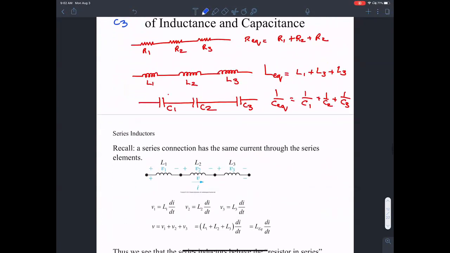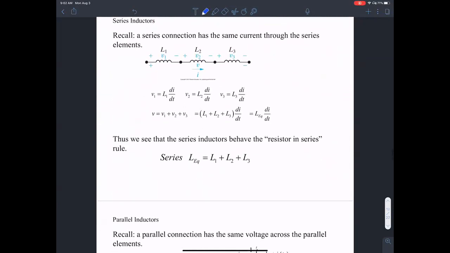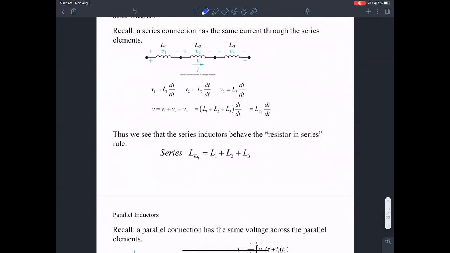You can prove this in any number of different ways, by seeing the individual voltages and adding them up. The overall voltage is the sum of different voltages. So there is proof, a really simple idea, that the equivalent of three inductances in series is simply their sum.